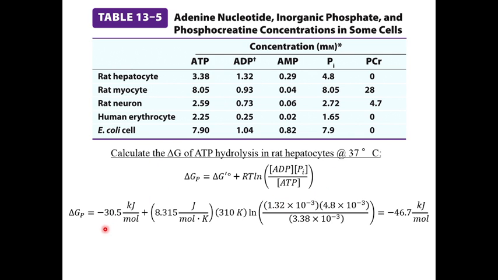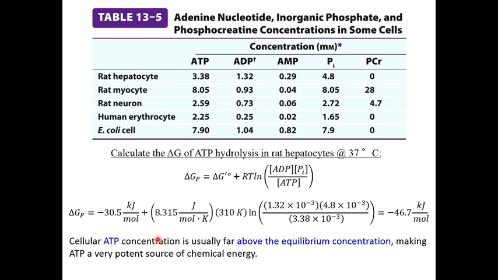If you substitute for the standard free energy change, which is minus 30.5 kilojoules per mole, the universal gas constant and temperature, which is 37 degrees centigrade, and then substitute the concentrations for rat hepatocyte, that is ATP is 3.38, ADP is 1.32, and phosphate is 4.8, all in millimolar, you would get a delta G value of minus 46.7 kilojoules per mole.